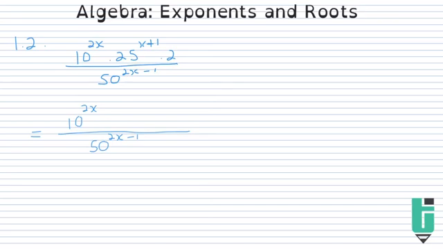So if we look at 25 to the power x plus 1, what can we break 25 down to? We know 25 is technically equal to 5 squared, right? So let's go and write that. 5 squared, and then outside of the bracket, we have x plus 1 and multiplied by 2.